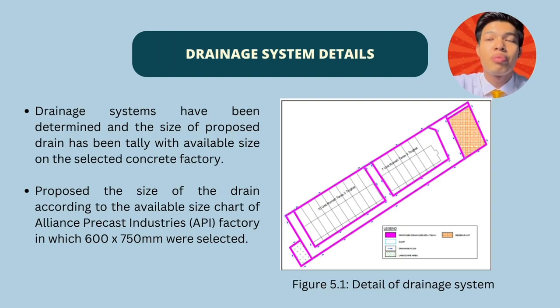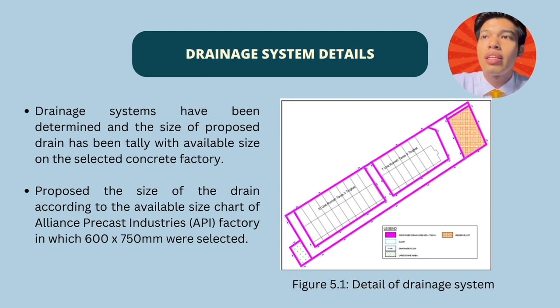For the drainage system detail, the drainage system has been determined and the proposed drain size has been selected based on the size chart provided by the selected concrete factory, which in this project is API, which stands for Aliens Precast Industry, and the selected size is 600 by 750 mm.